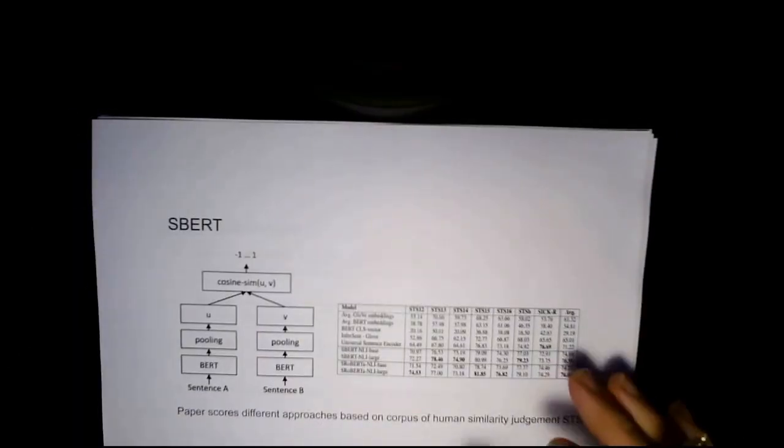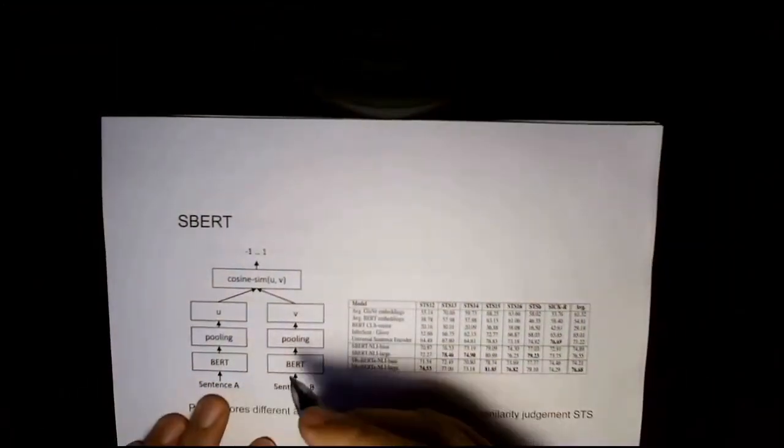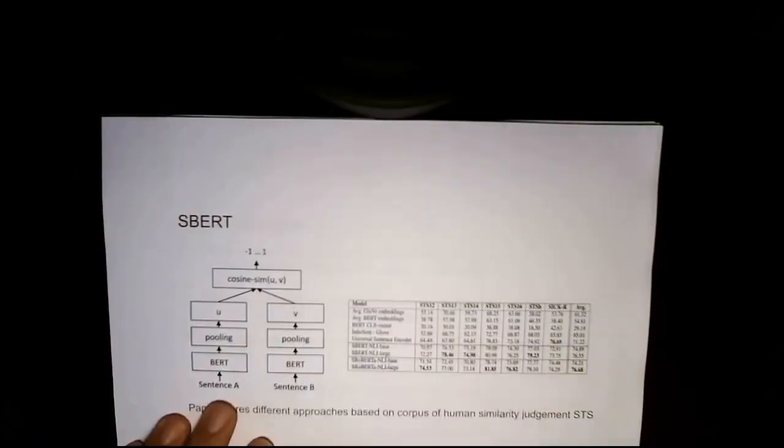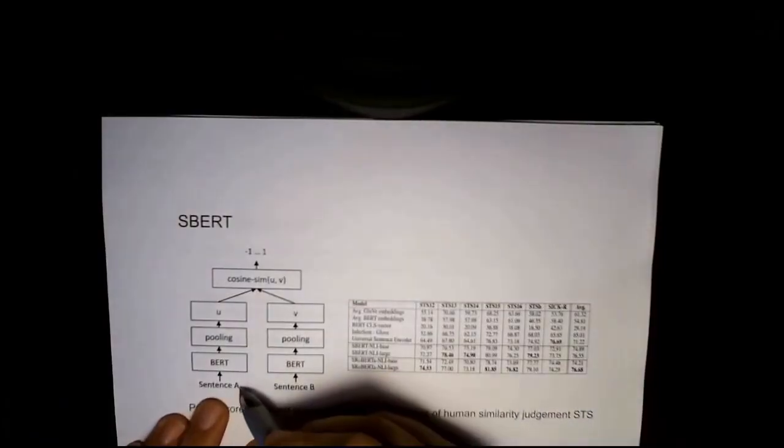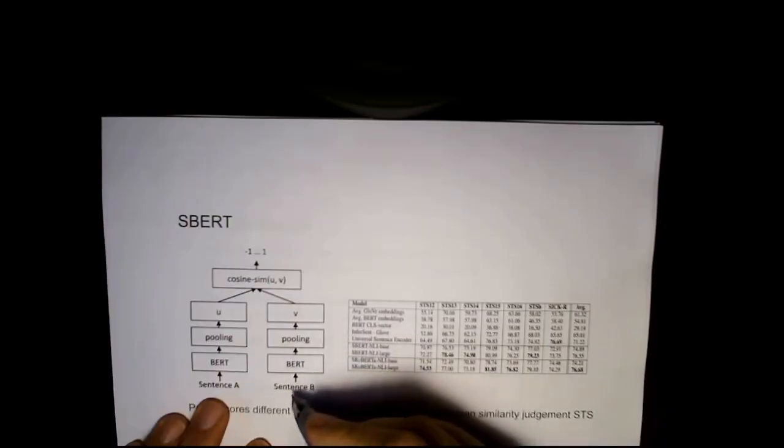Let me describe quickly what SBERT does. During training, it takes sentence A, which might be "John likes Susan," and another sentence, "John likes Susie."